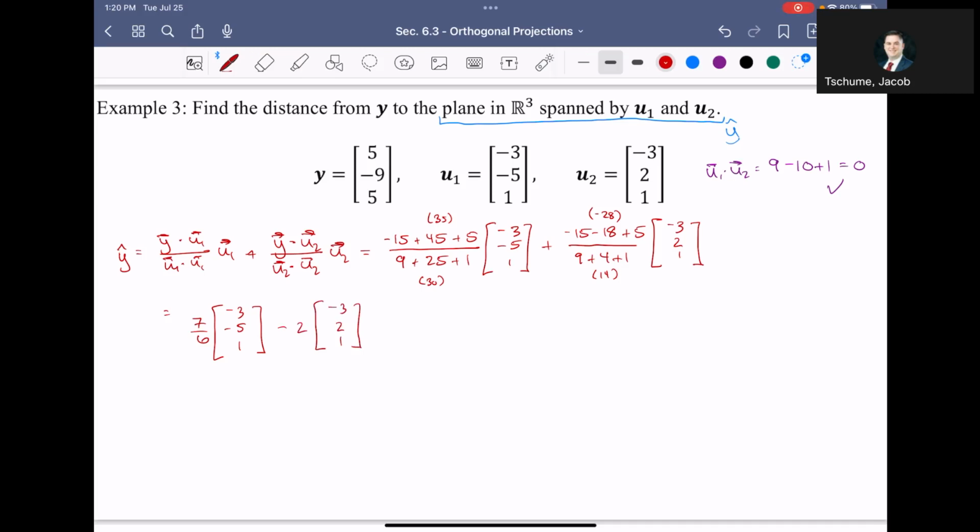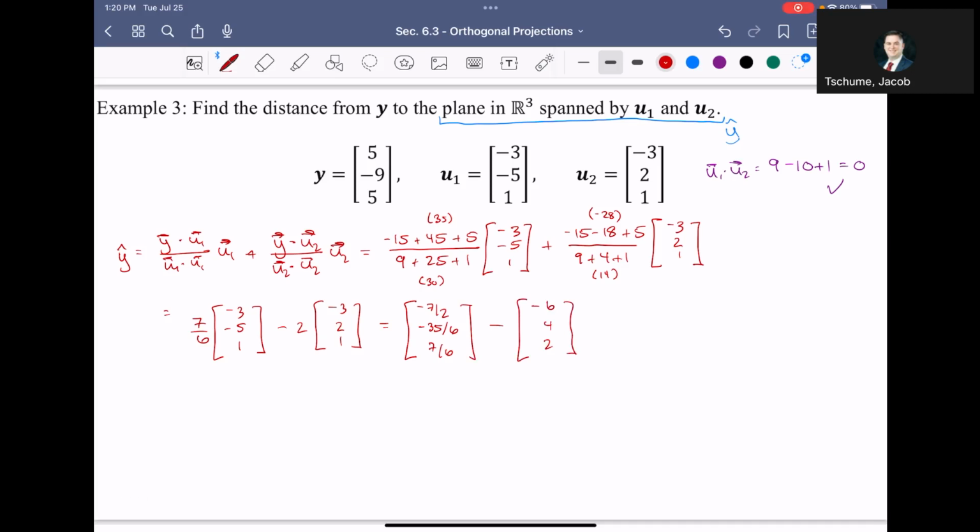All right, so distributing my numbers through. 7/6 times negative 3, that's going to be negative 21 over 6, which reduces into -7/2. 7/6 times -5 doesn't simplify at all. That's -35/6. And then you get 7/6 on the bottom, minus, multiply this by 2, that's -6, 4, 2.